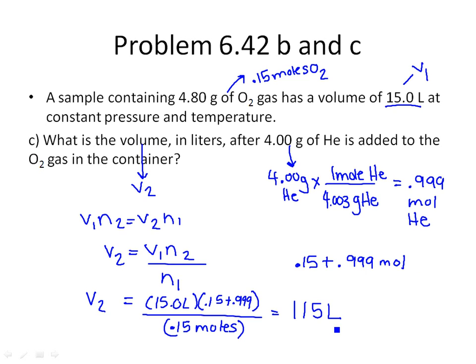If you add that up, you end up with about 1.149 moles. So you started with 15 liters, and when 4 grams of helium are added, you end up with about 115 liters. So the volume goes up quite a bit. This concludes the problem 6.42.